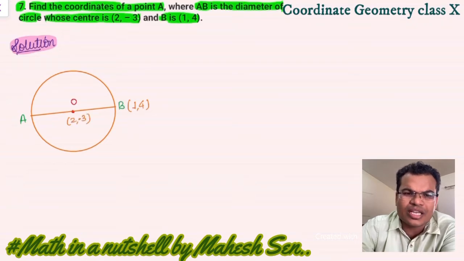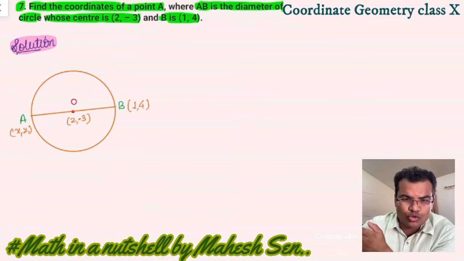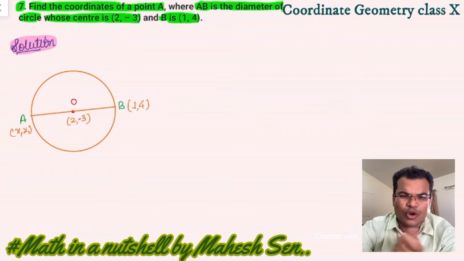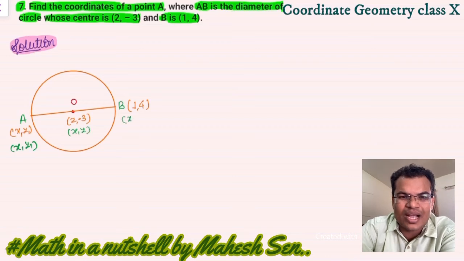So these two points are given, O and B. A coordinates we don't know, we will take it x1 y1. As we know, x1 y1, x2 y2 and the center or the midpoint lying between these two will be x and y.